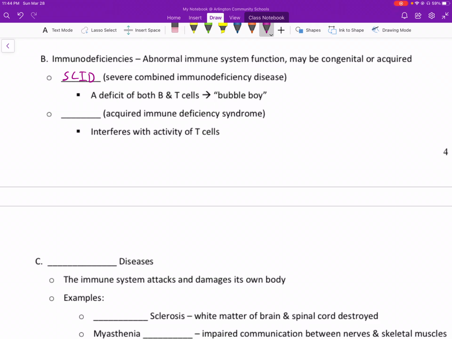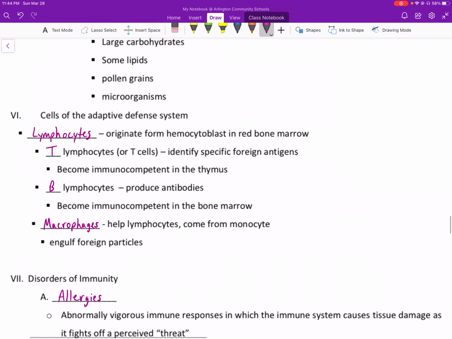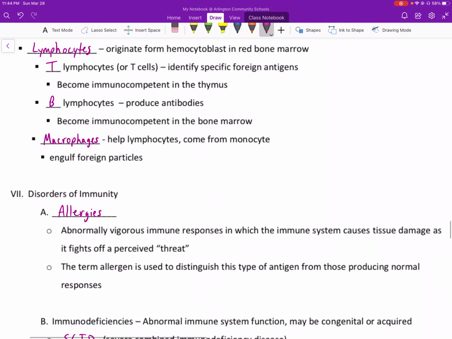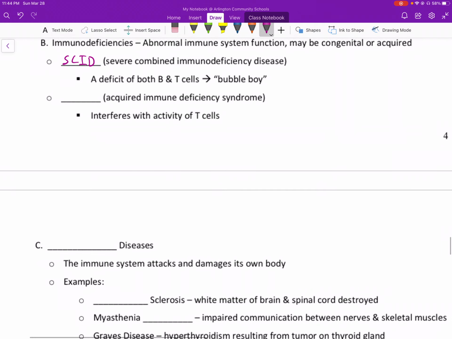If you don't know who the bubble boy is, basically this kid, the poster child of this, had a deficit in both B and T cells and could not fight off any disease at all, because if we look back previously, our T cells identify specific foreign antigens, and our B cells produce antibodies. So we had no way to fight off diseases. Basically this boy lived in a bubble because he could not be exposed to the outside world, because there would be no reaction to it. And so the common cold could kill the child.